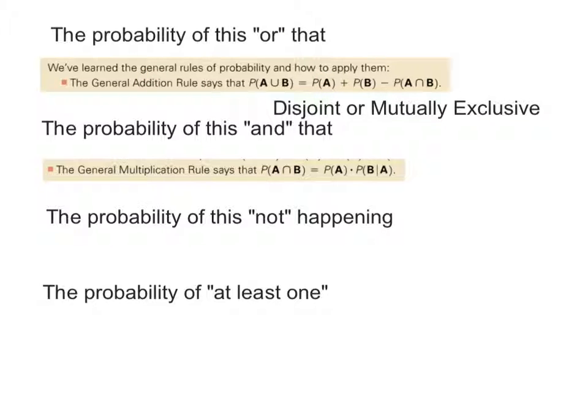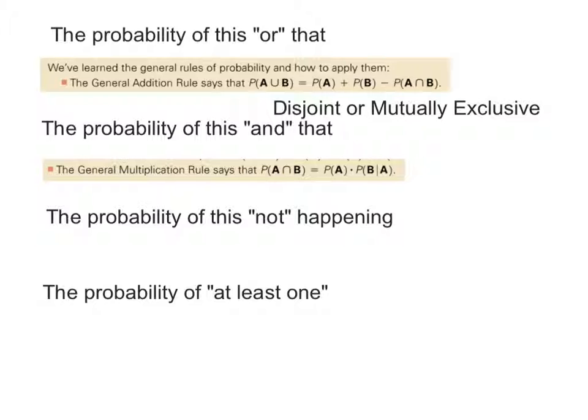So in case you've never seen this before, this U means or, and this upside down U means and. You see that down here in this multiplication rule has this and. You're going to look at some problems and get some practice with it.